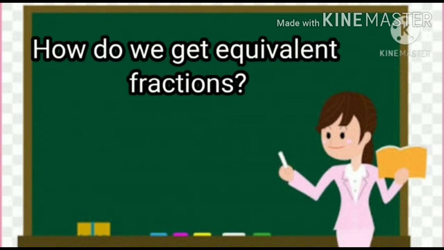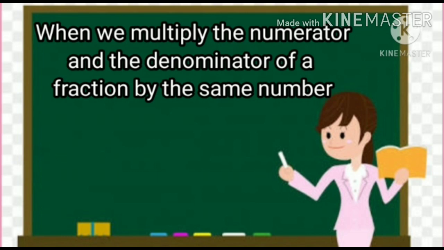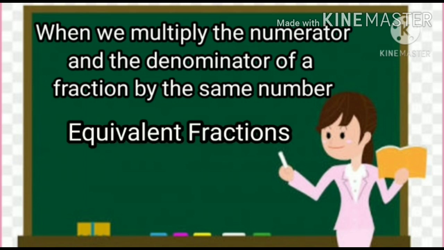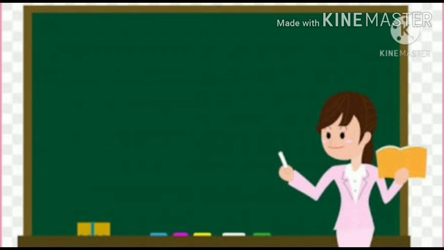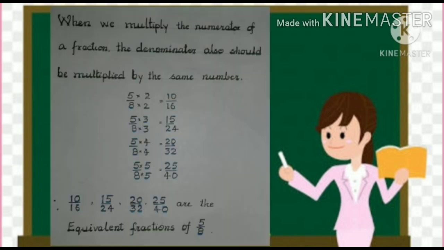How do we get equivalent fractions? When we multiply the numerator and the denominator of a fraction by the same number, we get equivalent fractions. Now, let us find a few equivalent fractions of 5/8.